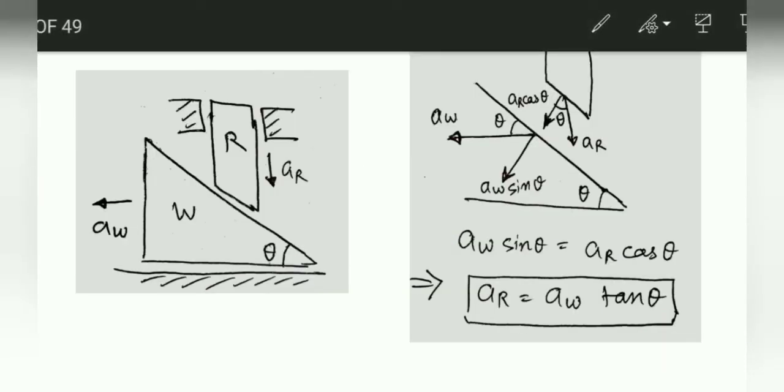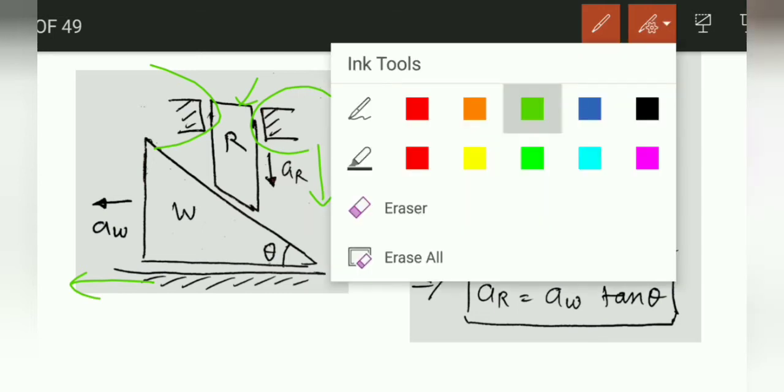Now we have a wedge block system. This is a wedge and this is a rod. This rod is moving downward due to these constraints, and this wedge is similarly moving this side. What is the relation between AW and AR, that is, the acceleration of wedge and acceleration of rod? It is very simple.